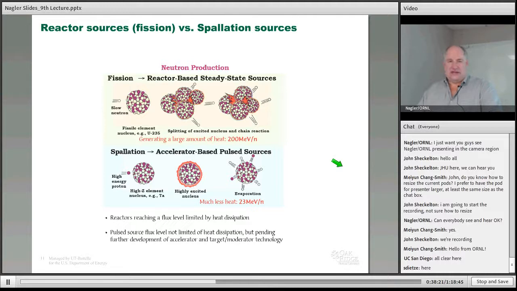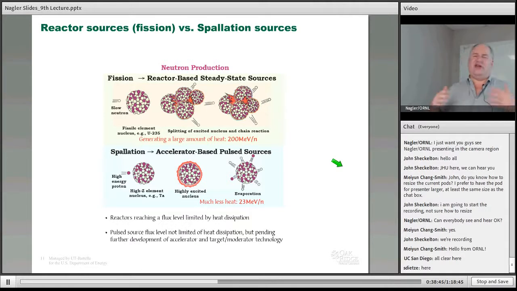The second method that is now commonly used to make neutrons is spallation. Okay, where this comes from, the word to spall, if I hit a piece of rock or something with a hammer and a chip flies off, that's called spalling. It's possible to take a very energetic particle, smack it into a relatively heavy nucleus.